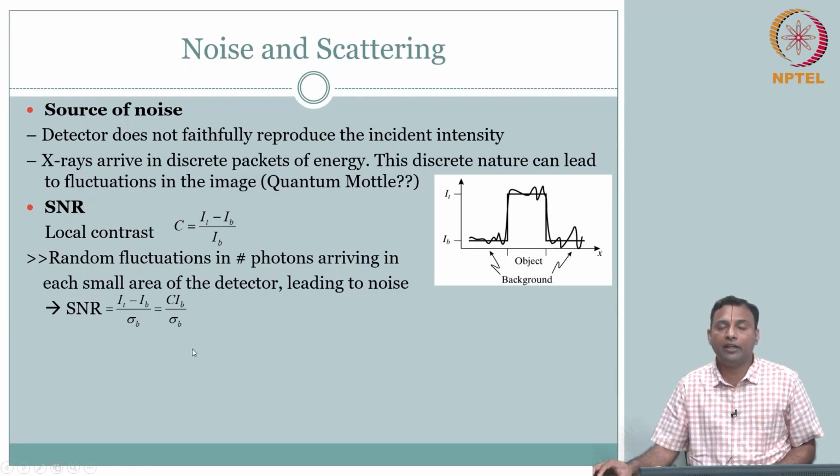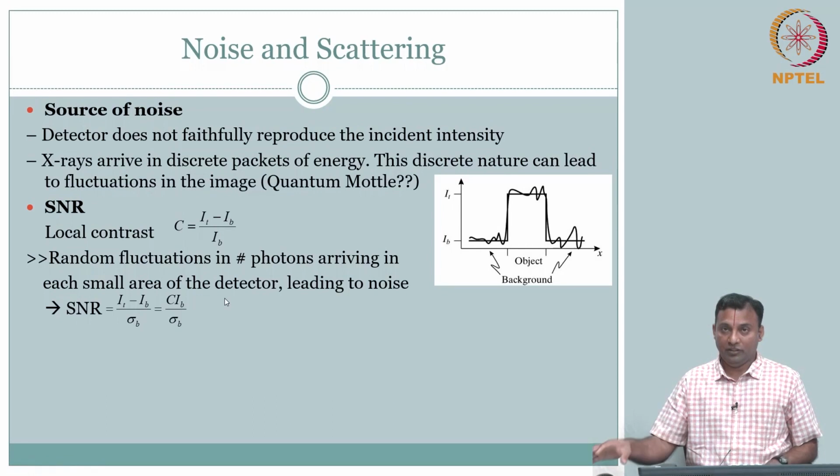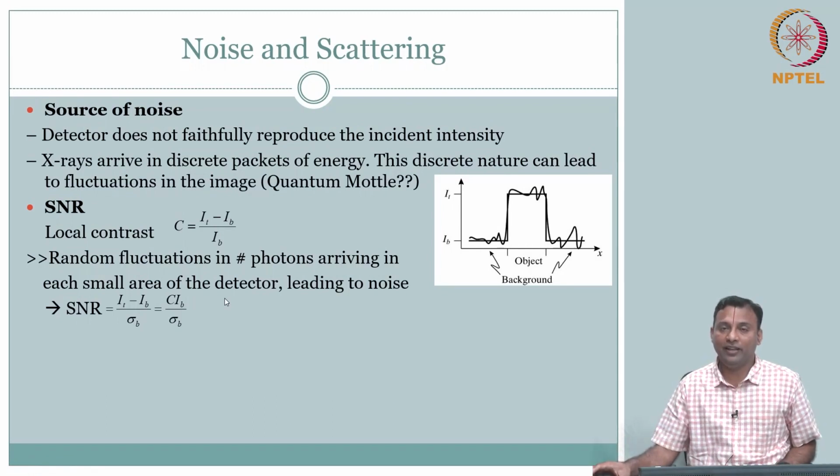We are just going to say we have population statistics, the number of photons that are arriving. So your signal will be the mean of the number of photons. The variance will be the same as your mean, because of the statistics.